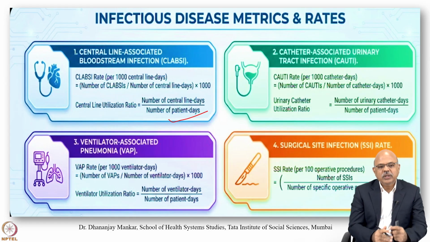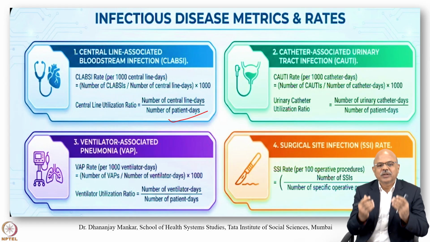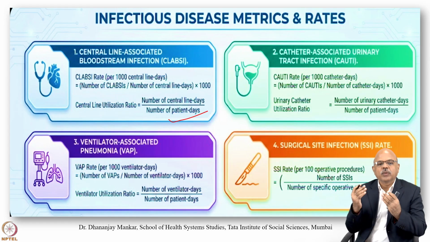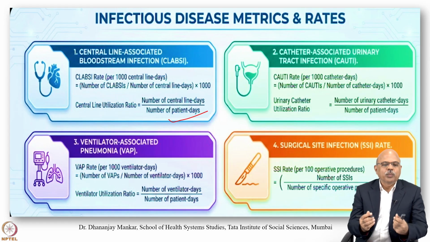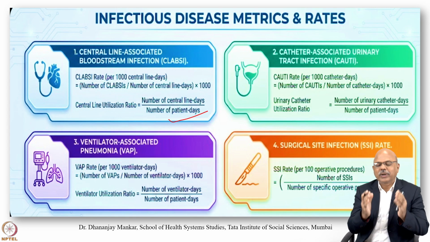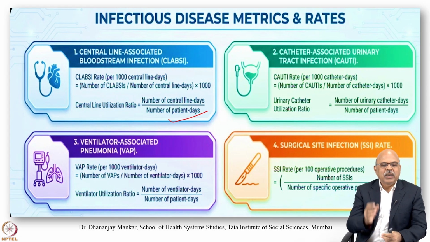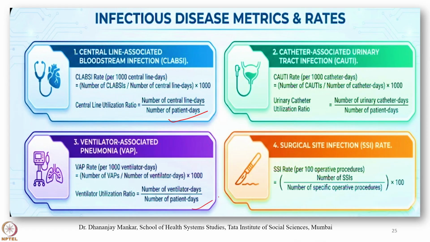Then there is ventilator associated pneumonia, that is VAP, which is also one of the major problems of superbugs. The VAP rate per 1000 ventilator days is equal to the number of VAPs divided by the number of ventilator days, multiplied by 1000. The ventilator utilization ratio is equal to the number of ventilator days divided by the number of patient days.